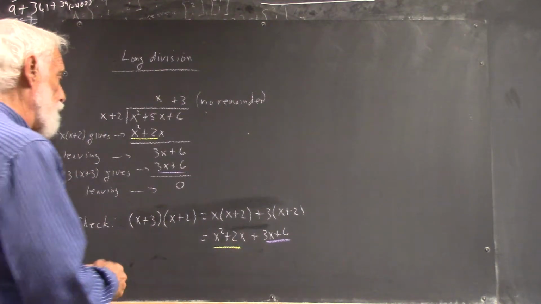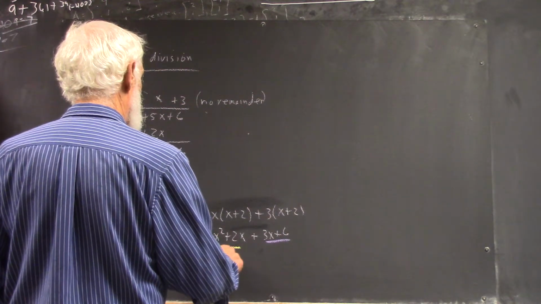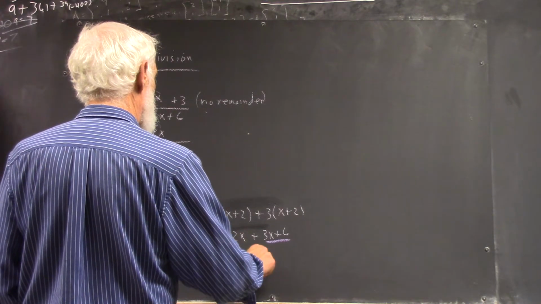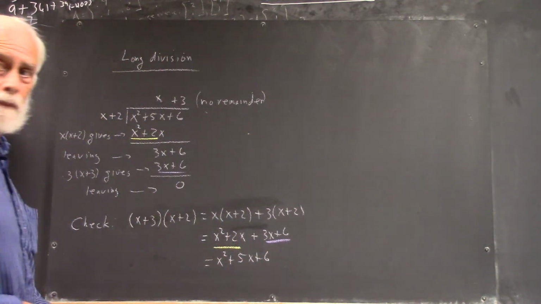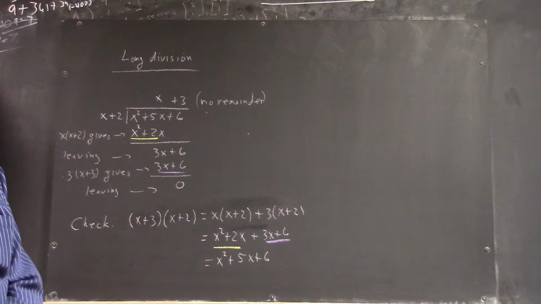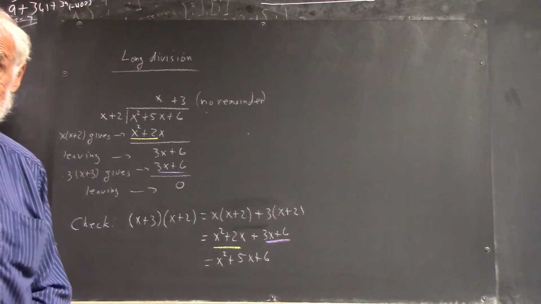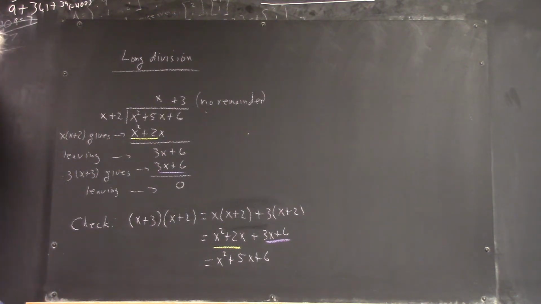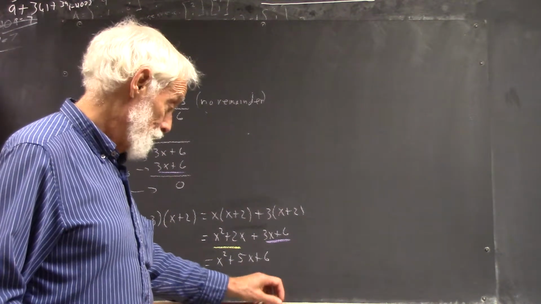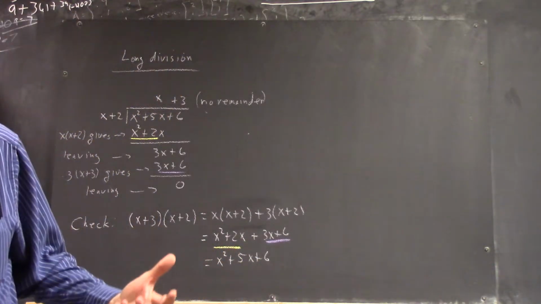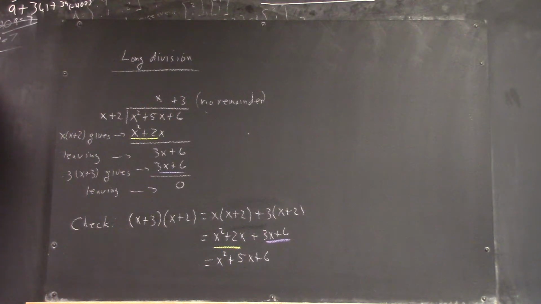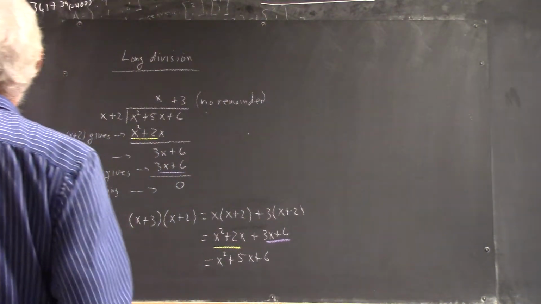And then, of course, when we add that up, we get x squared plus 5x plus 6. Okay? And if you're multiplying this using anything but the distributive law, you're not likely to see the connection. Okay? Which is another reason I'm glad I am making you use the distributive law. Okay? Not some magic way of writing things down.